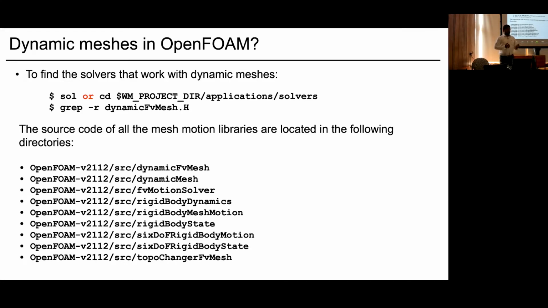So simply, we can go to our solvers, or to our source code, and if we grep this particular keyword, we'll be able to see the different libraries which support the dynamic meshing capability. Here I have just shown one example based on version 21.12, and you can do that easily if OpenFOAM is installed on your computer.